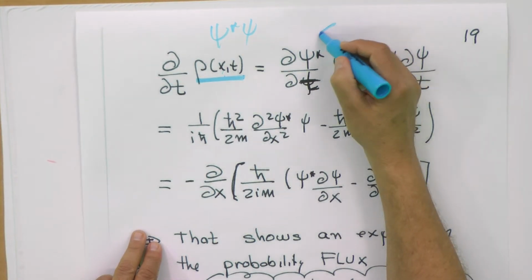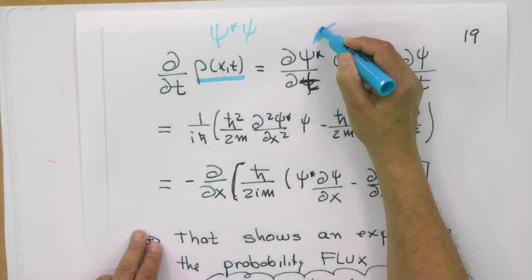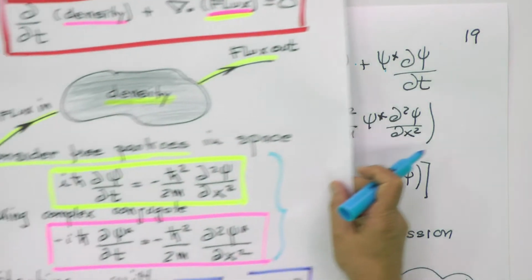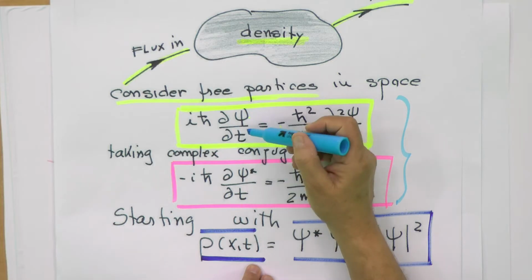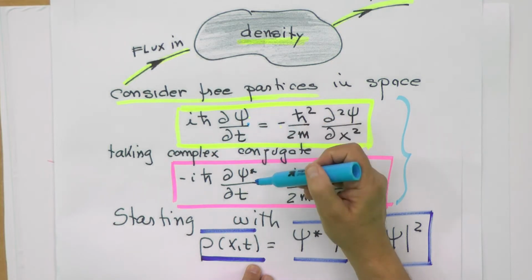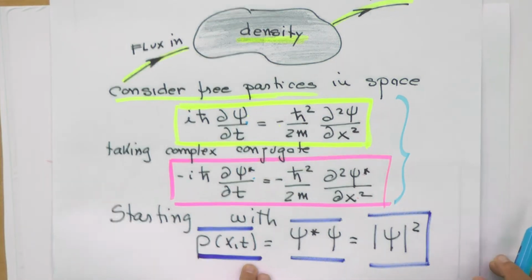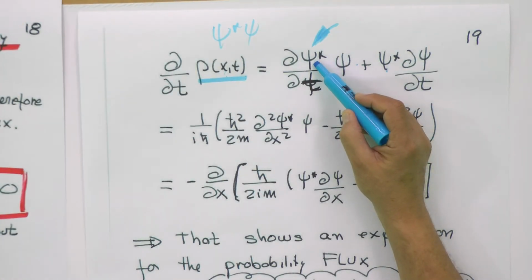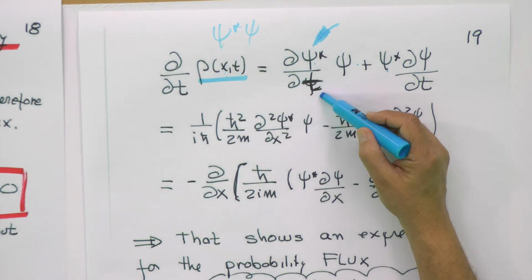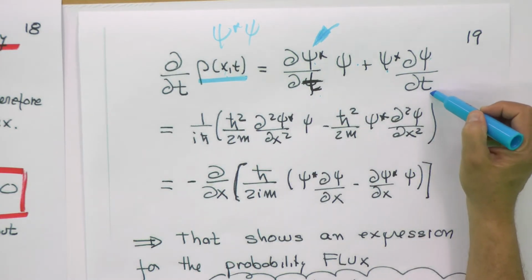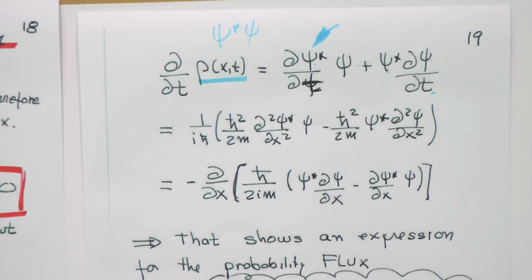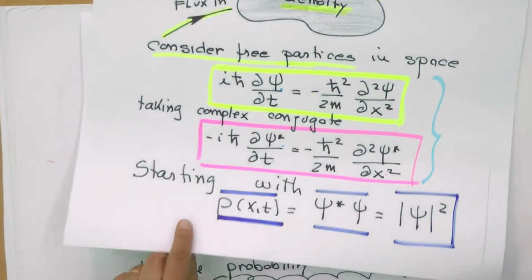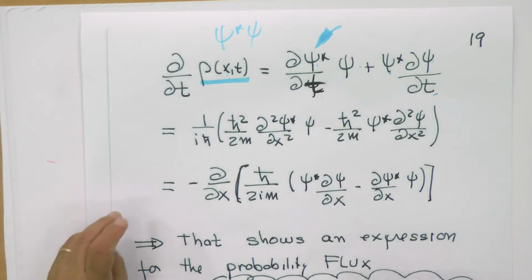But I learned a few minutes ago what the time derivative is. If I take this expression, I know what the time derivative of psi and psi star is. So in the place of the psi star time derivative and the psi time derivative, I'm going to replace them by those quantities here that I just calculated directly from the Schrödinger equation.